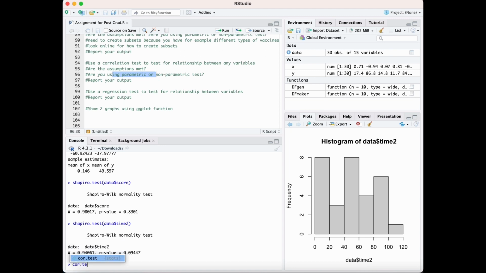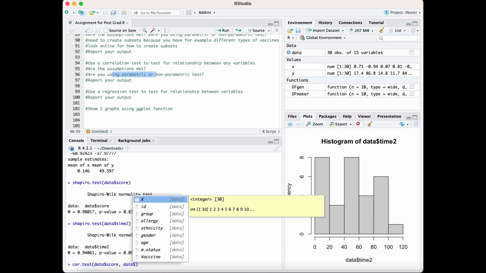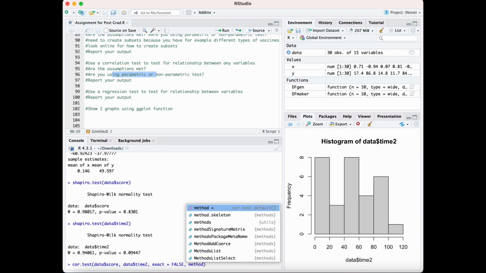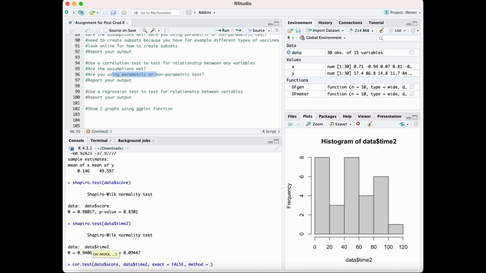So I will be running test data score, data time 2, method Pearson.